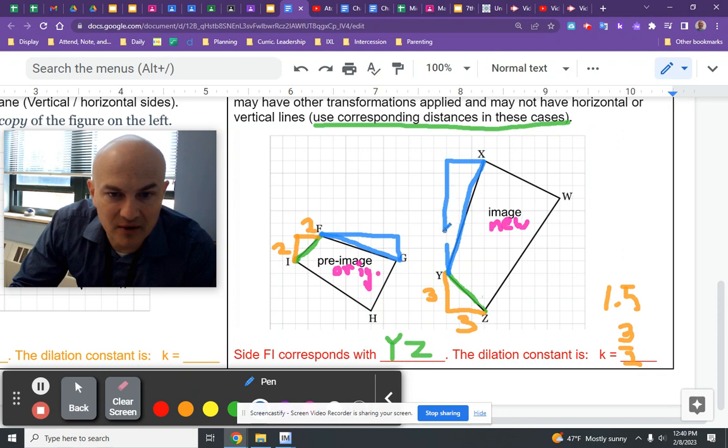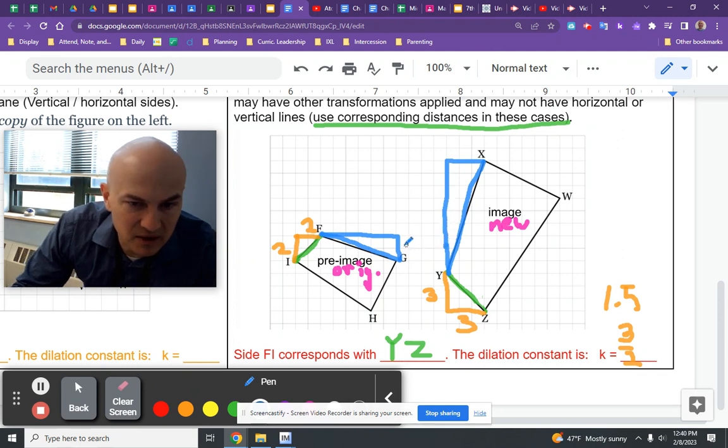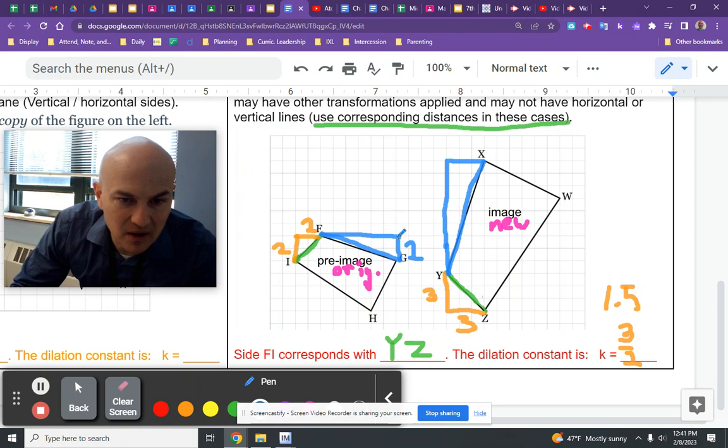And I can draw a right triangle here. So this one is 2, and this one, count it carefully, 1, 2, 3, 4, 5, 6. That's 2 and 6. And this one is 3, and this one is 1, 2, 3, 4, 5, 6, 7, 8, 9.